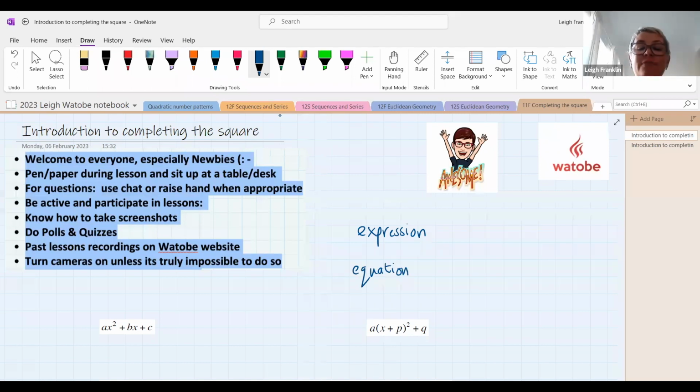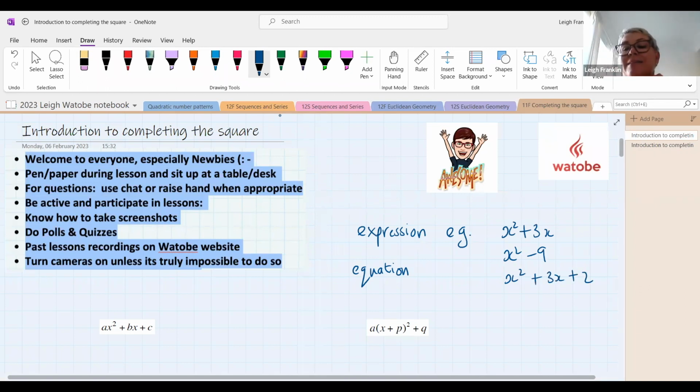Okay, so an example of a quadratic expression would be a collection of terms. For example, something like x squared plus 3x is a quadratic expression, or something like x squared minus 9 is a quadratic expression. Or if I had a trinomial like x squared plus 3x plus 2, that is an expression.